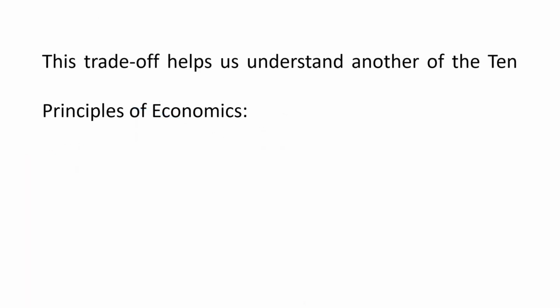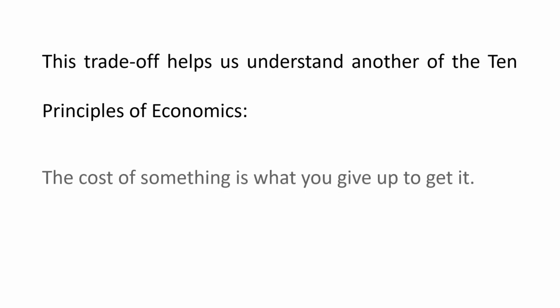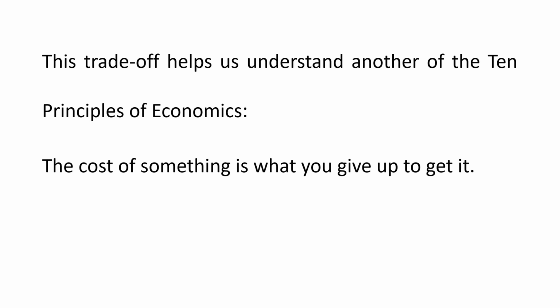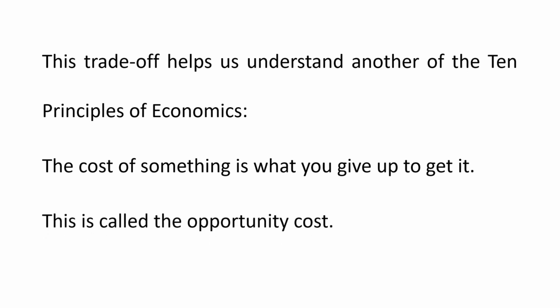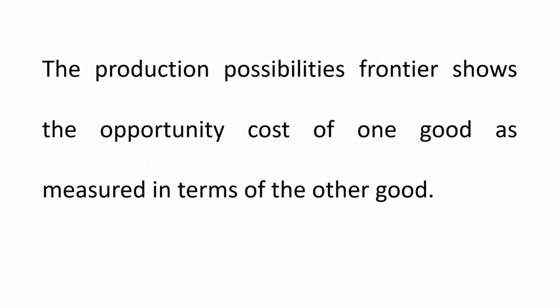This trade-off helps us understand another of the 10 principles of economics. The cost of something is what you give up to get it, and this is called the opportunity cost. The PPF shows the opportunity cost of one good as measured in terms of other good.